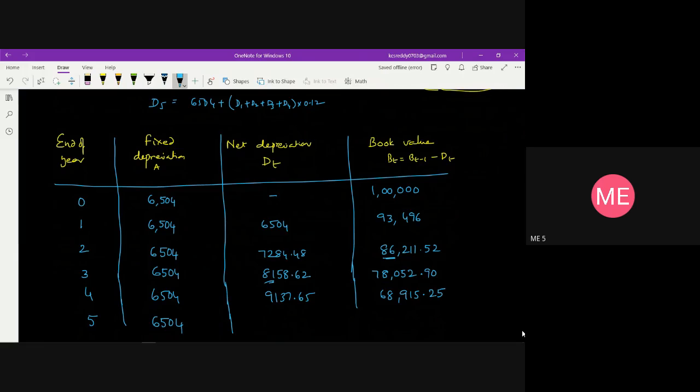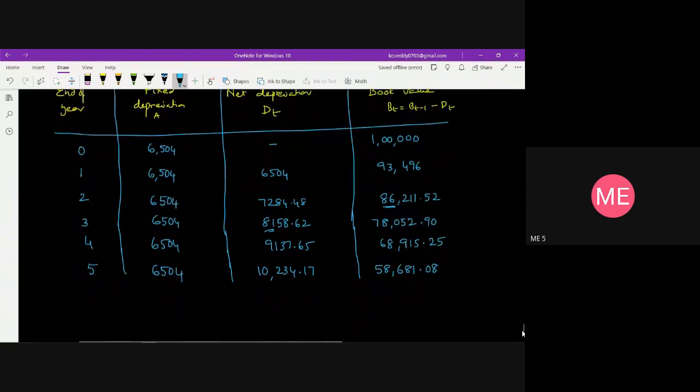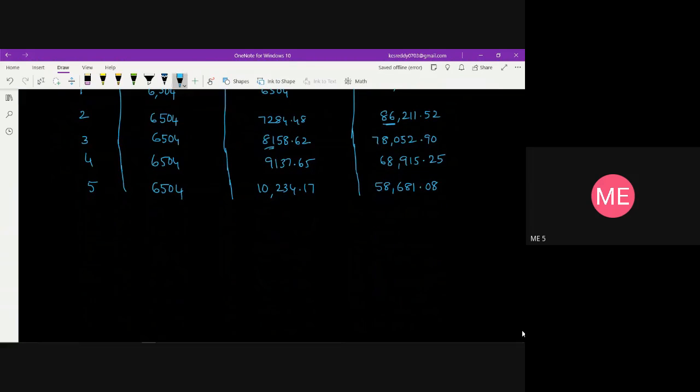By using this equation, I'm going to get around 10,234.17. By subtraction of 68 minus 10, I'll be getting 58,681.08. Now for the 6th, 7th and 8th years.